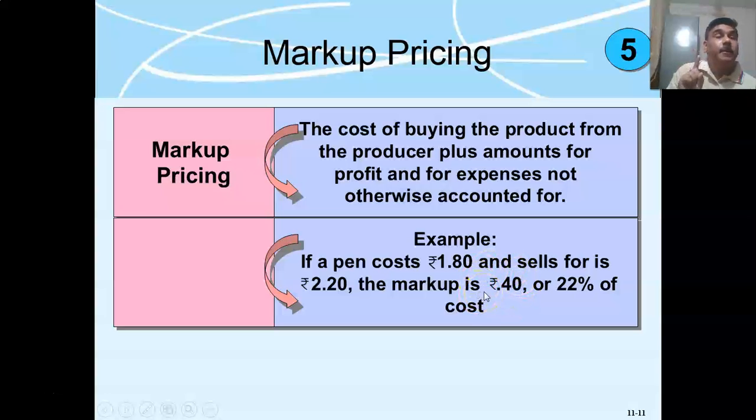First, the profit margin, and second, whatever expenses the seller or producer bears to sell the product in the market other than production cost. Understood? And here that 0.40 is 22% of total cost. So this is the markup pricing concept.